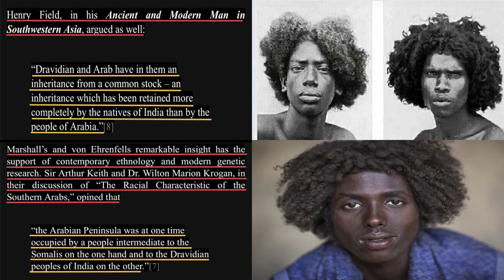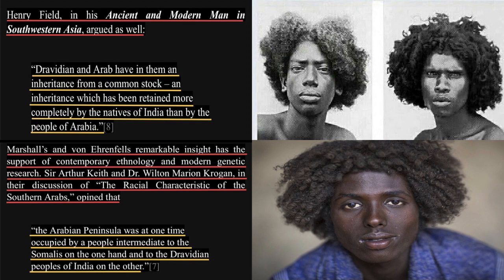But here are two other sources that detail that early Arabian populations were dark-skinned. They looked more like Dravidian or Somali people. This is from Henry Field in his Ancient and Modern Man in Southwest Asia, and it reads: Dravidian and Arab have in them an inheritance of a common stock.